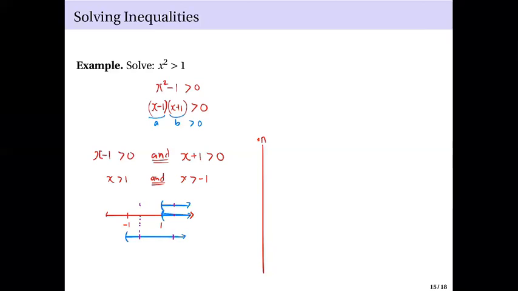The other possibility is that both A and B are negative. So we have x minus 1 less than 0 and x plus 1 less than 0. If we calculate, we will have x less than 1 and x less than -1.